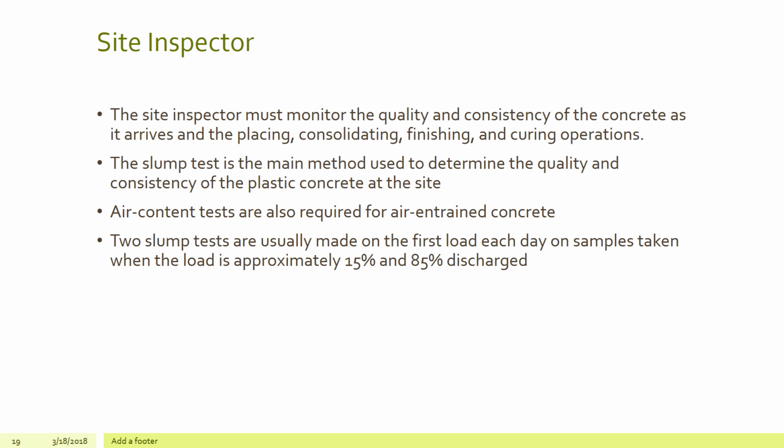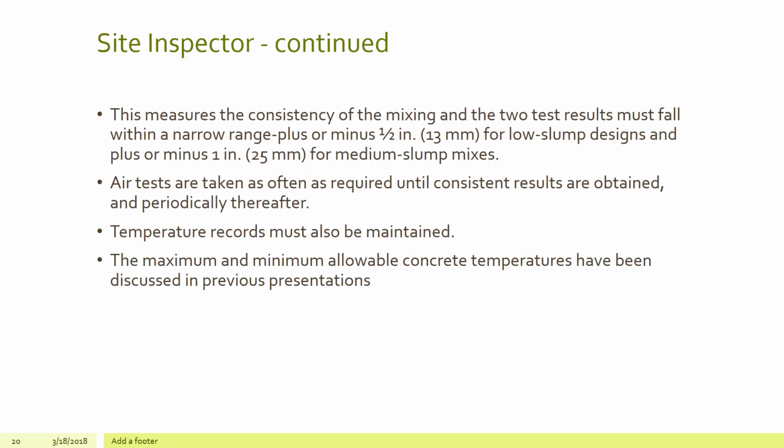Two slump tests are usually made on the first load each day on samples taken when the load is approximately 15 to 85% discharged. This measures the consistency of the mixing, and the two test results must fall within a narrow range, plus or minus a half inch for low slump designs, and plus or minus 1 inch for medium slump mixes or designs.